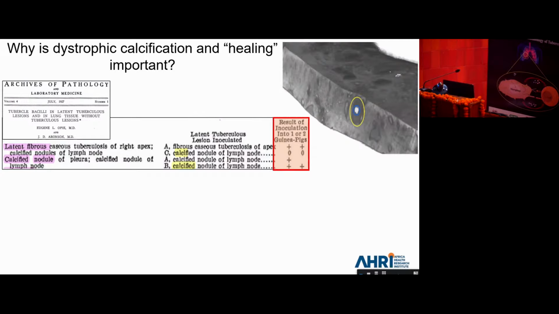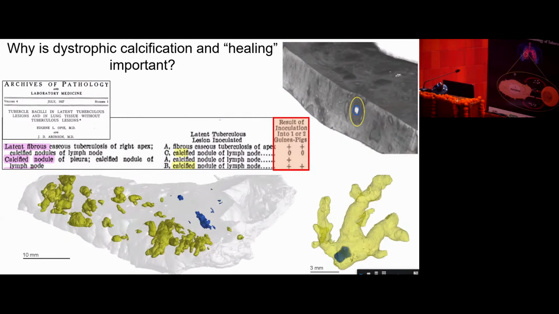And again, also in our studies, when we look at those TB-infected lesions, in the top right-hand corner you can see we identify a necrotic lesion there, and then a very bright spot which appears to resemble calcification. On the left-hand side you can see the spectrum of lesions, and the blue here is the calcified lesion.